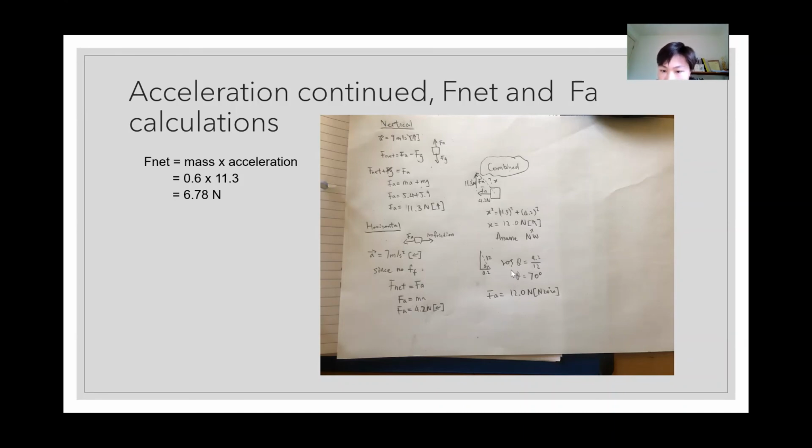So basically, I did cosine theta equals adjacent over hypotenuse, which I got roughly around 69.9 degrees, which I just rounded to 70. So our FA, our applied force, is equal to 12 newtons north, 20 degrees west. That is our presentation, and thank you for watching.